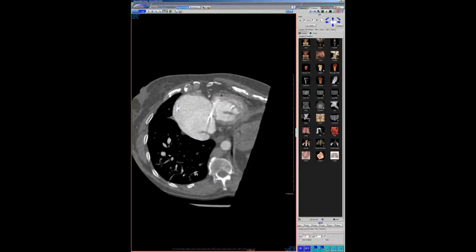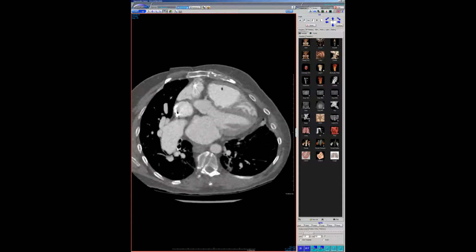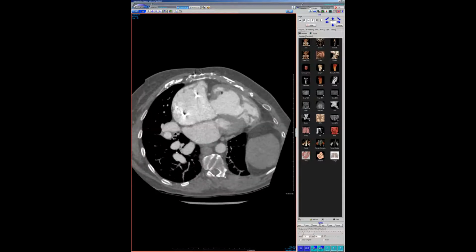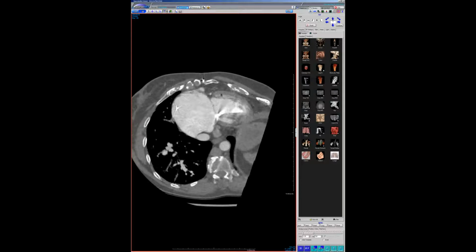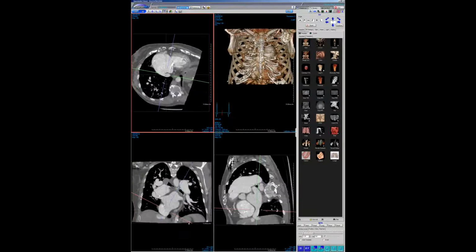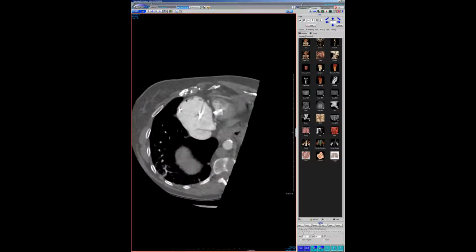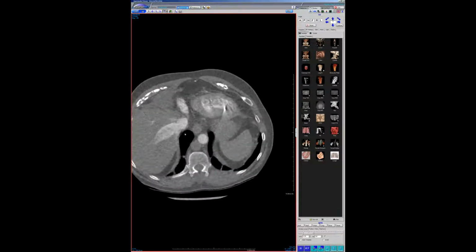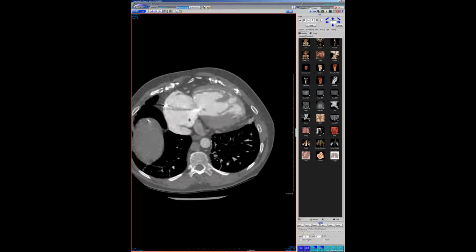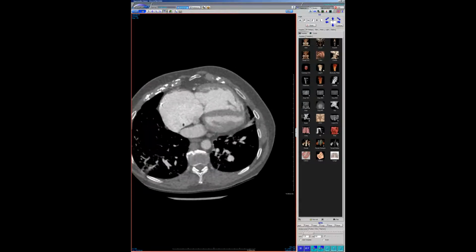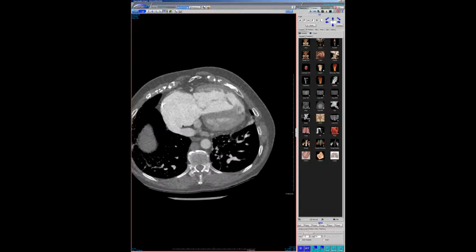Whenever you see a massive right heart and pulmonary hypertension, just try to look for a shunt. You can see here that the IVC, instead of clearly draining into the right atrium, part of it goes to the right atrium, but the majority of the flow goes into the left atrium.